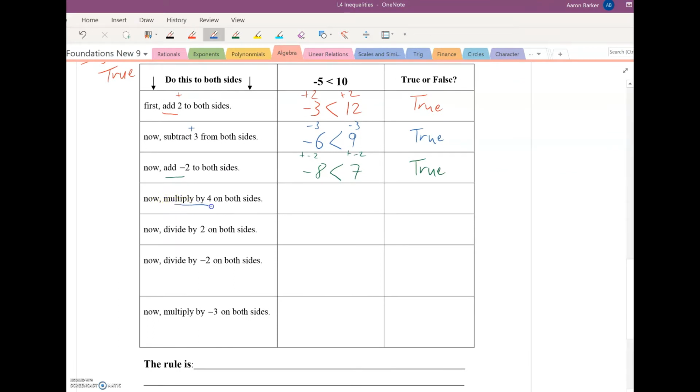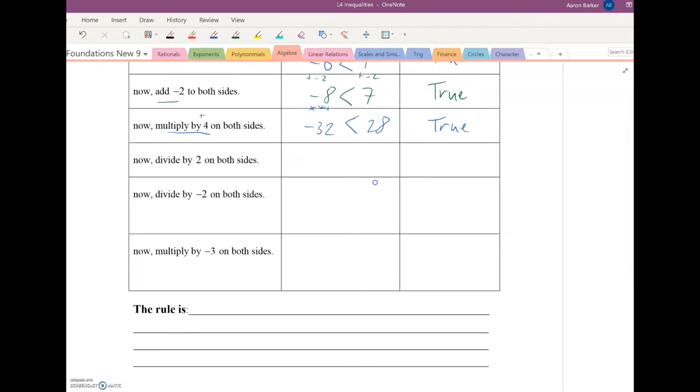Let's see what happens when we multiply by a positive. Times by +4. What do we get? We get -32, and here we get 28. Is our sign eating the larger number? Still is. It's still true. So there are no problems when we multiply by a positive number.